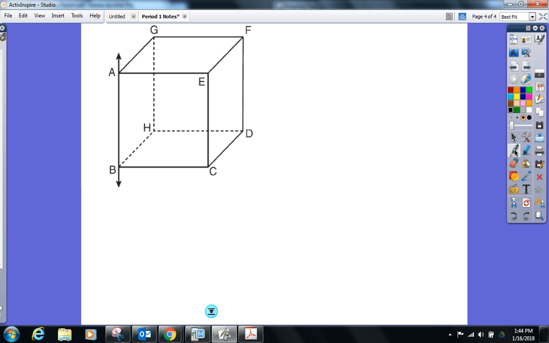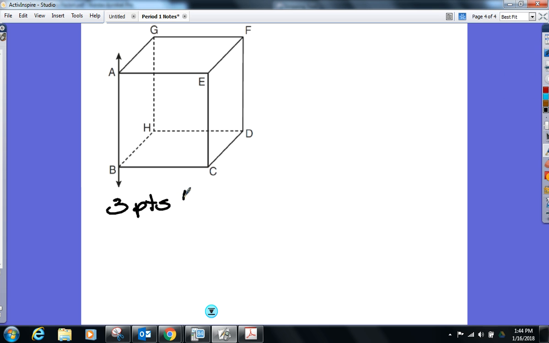If I ask for 3 points that are coplanar, I could do something like G, F, and E, because G, F, and E form this plane right here.